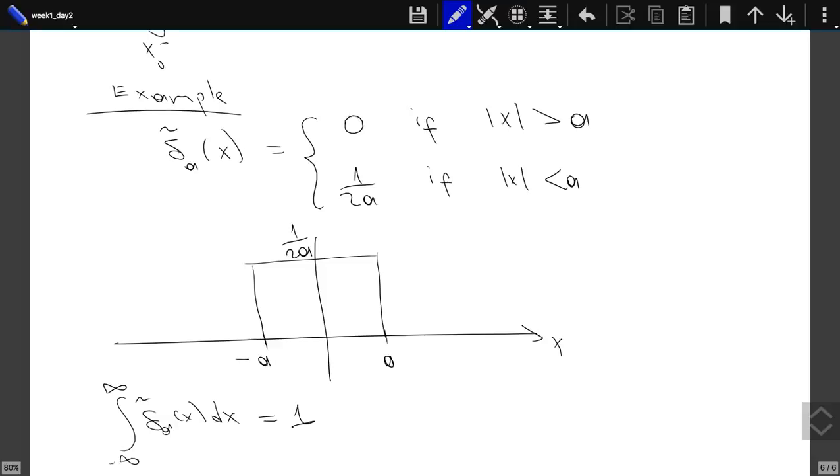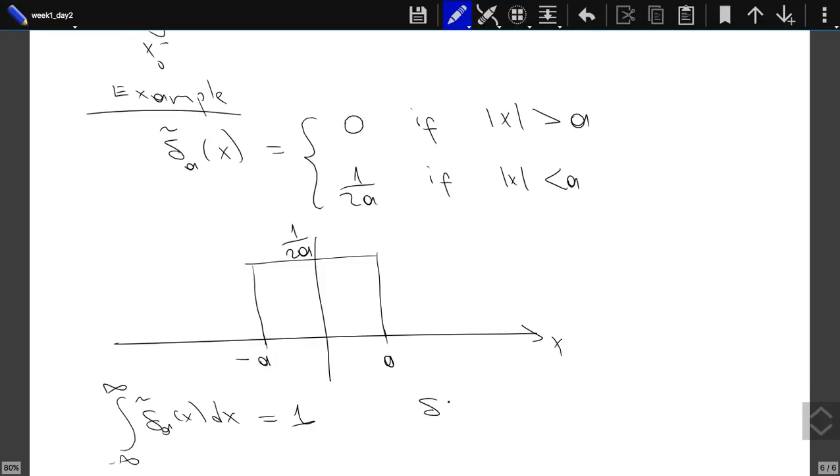Now, if you take smaller and smaller values of a, what you obtain is, well, it gets larger and larger and narrower. Eventually, if you take the limit, then its value at x equal to 0 is infinite, and it is 0 everywhere else.